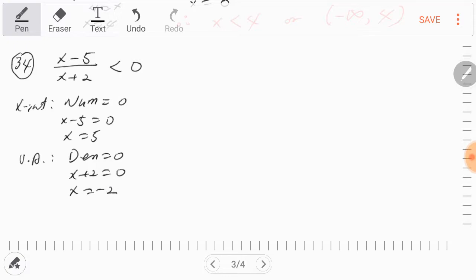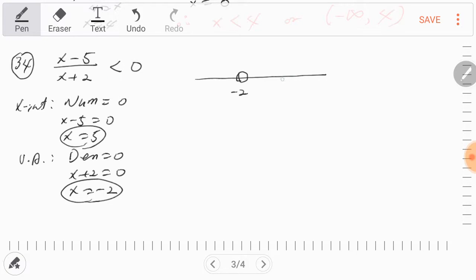So we found two x values. One is the x-intercept, one is the vertical asymptote. And negative 2 is never included in the solution because if x is negative 2, then the denominator is 0, then the function is undefined. So never include negative 2, even if there is an equal sign.